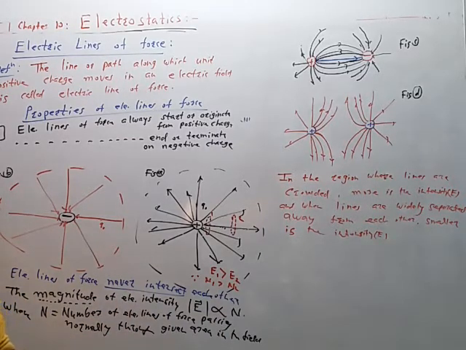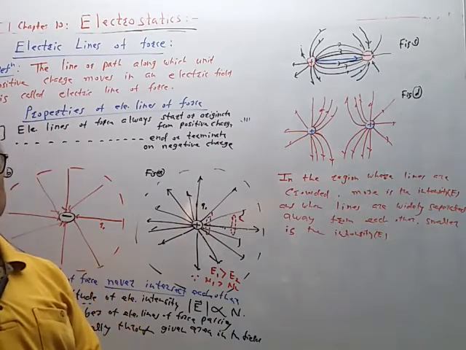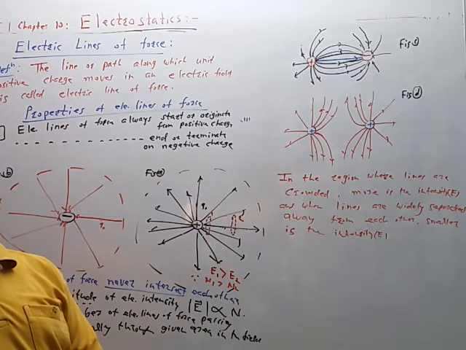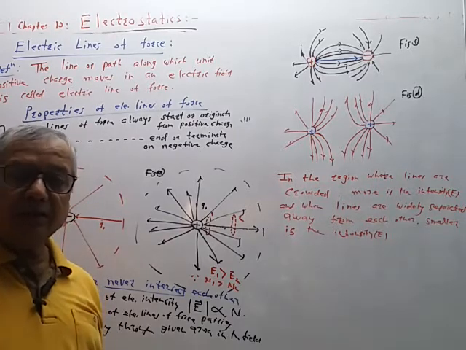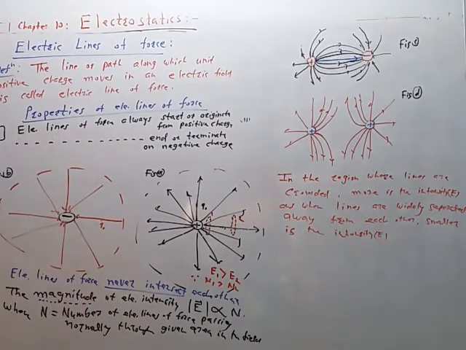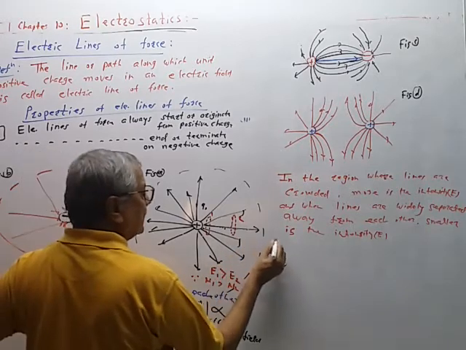Now we can also give the direction. We can also decide the electric intensity direction. For direction there is a next property. So these properties are important. We can determine the magnitude, we can determine the direction.